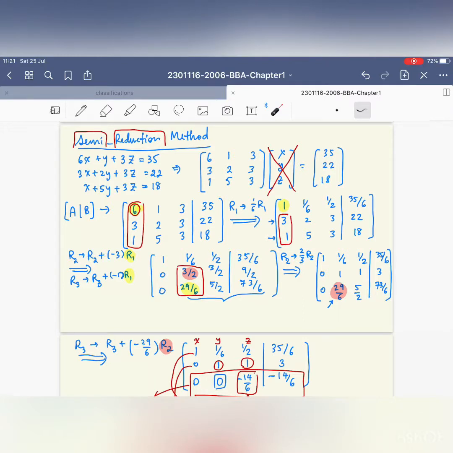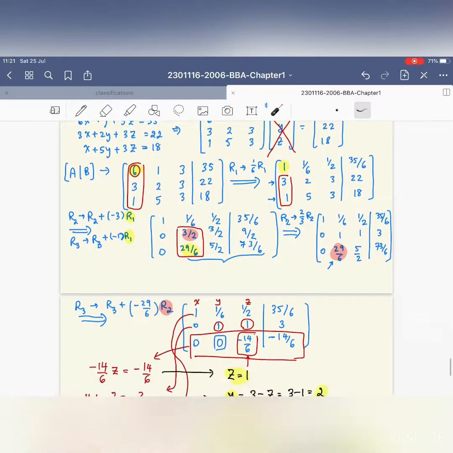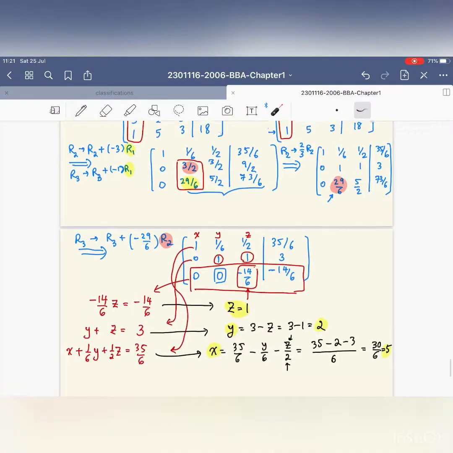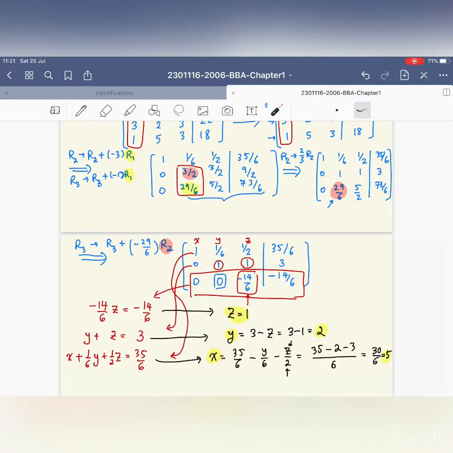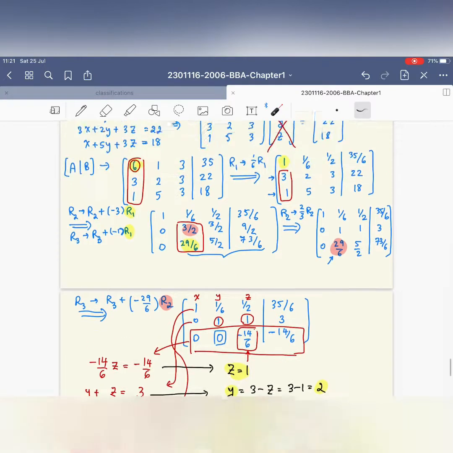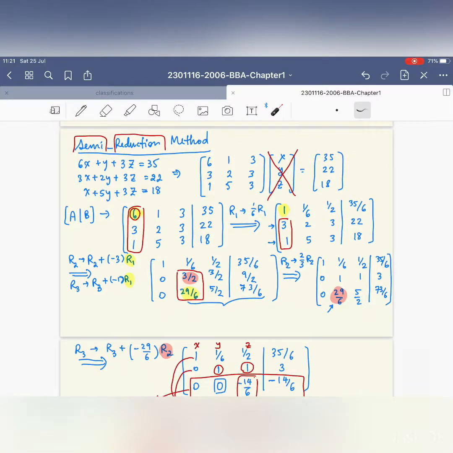For those of you who are not that good in mathematics, you can follow the fixed steps just like that. Later on we are going to do it both ways so that you can review how to find A inverse, and also be able to use this method, the semi-reduction, to solve the system of equations easily.